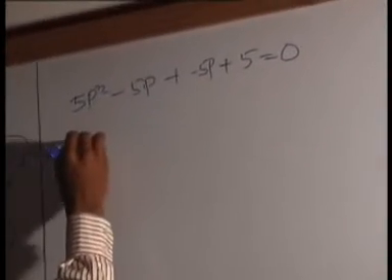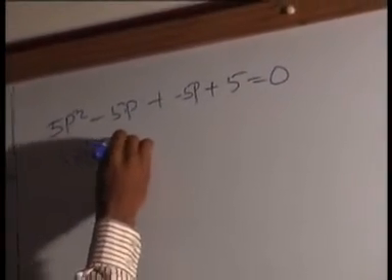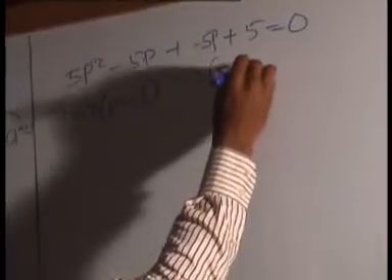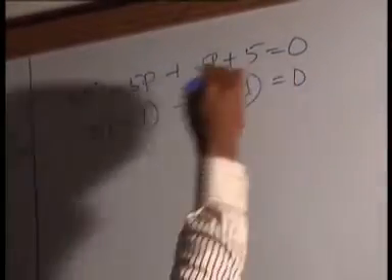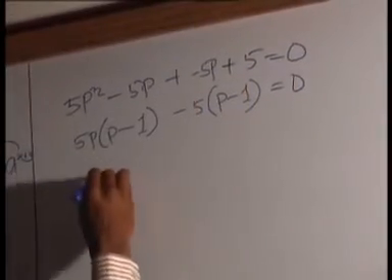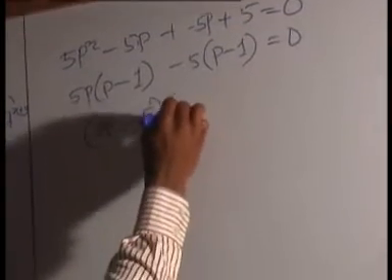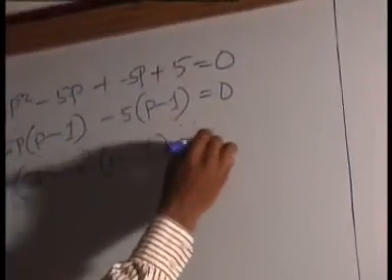So we solve 5p squared minus 5p minus 5p plus 5 equals 0. Factorizing: 5p into p minus 1, minus 5 into p minus 1, equals 0. So 5p minus 5, bracket p minus 1, equals 0.